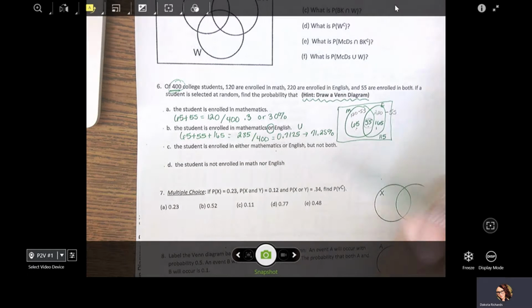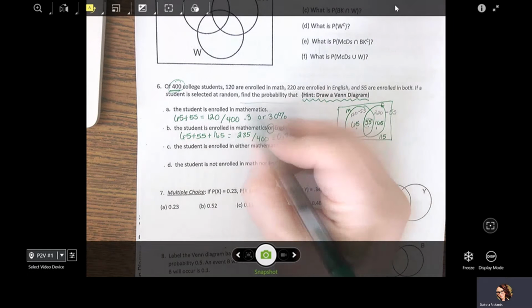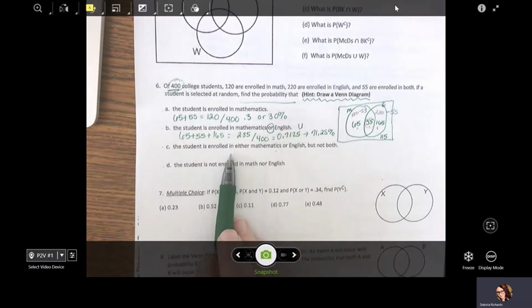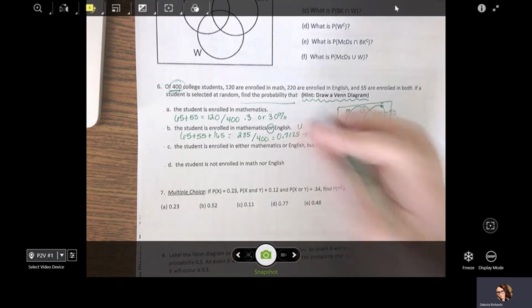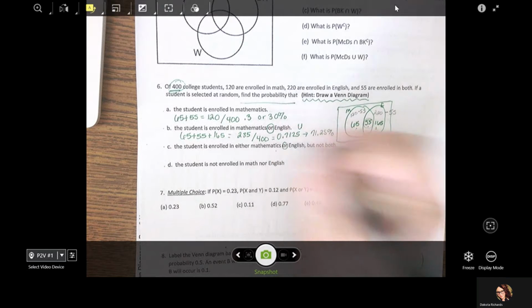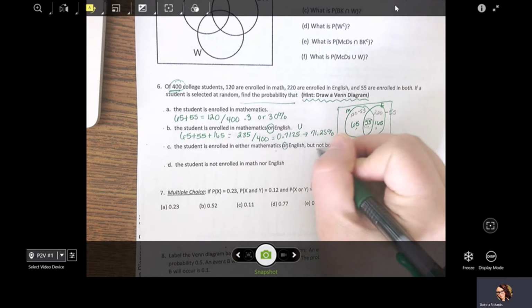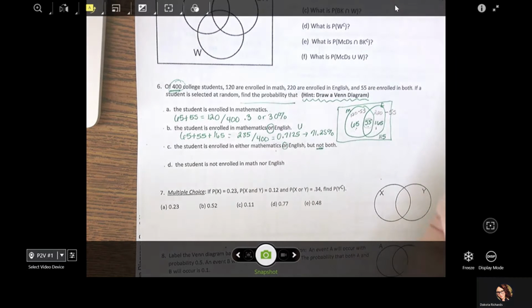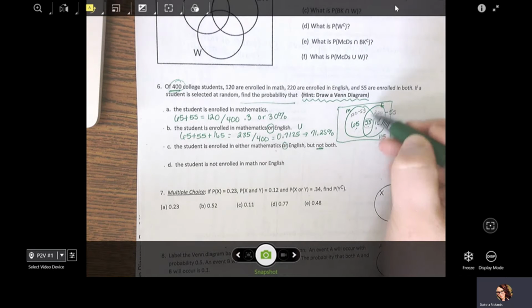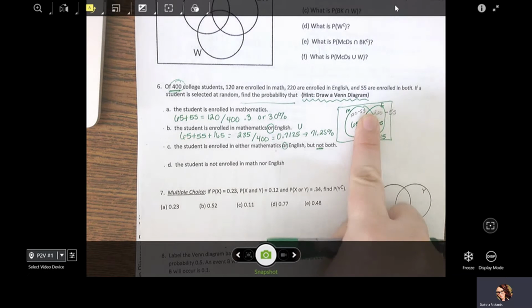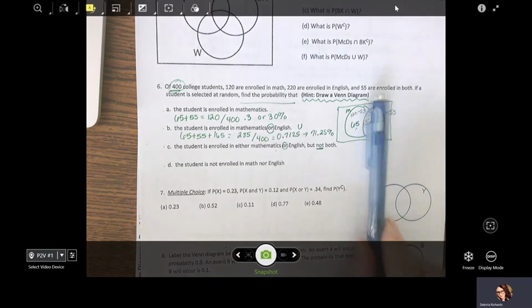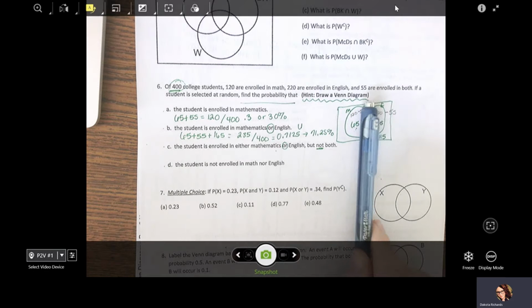Okay. Part C, what is the probability that the student is enrolled in either mathematics or English, but not both? Okay, so both would be this 55 number. So you want to kind of cover that up. We're not looking at that part. We're looking at the students enrolled in math or English, but not both.